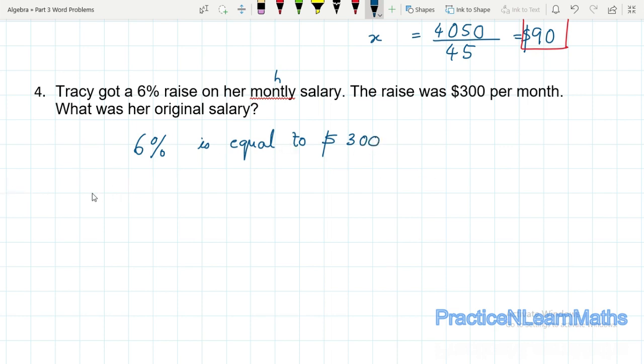So what is 100%? Let original salary be $x.